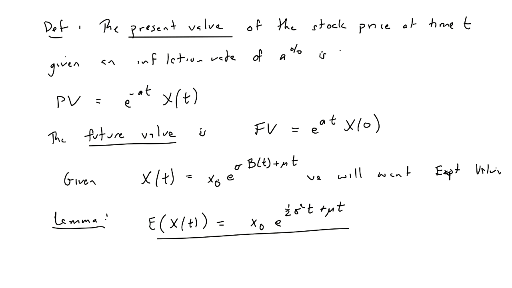We'll use this in a bit. Sort of as you might expect, because for the arbitrage theorem, we want the expected values for a given probability distribution to be something, so we want the expected value. But we'll use that in a second. And that's e to the 1/2 sigma squared t plus mu t.